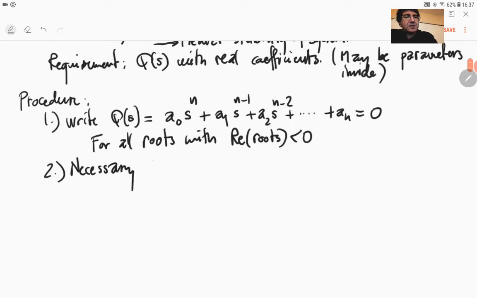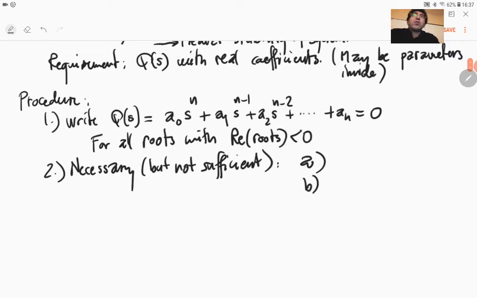Necessary but not sufficient conditions are that we should have all coefficients having the same sign.